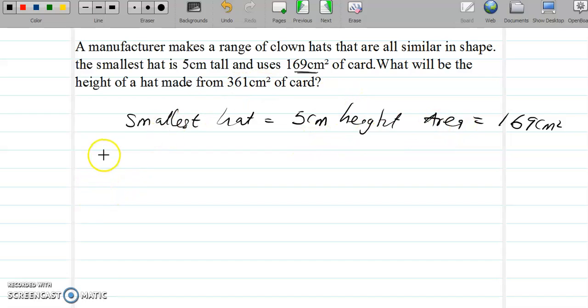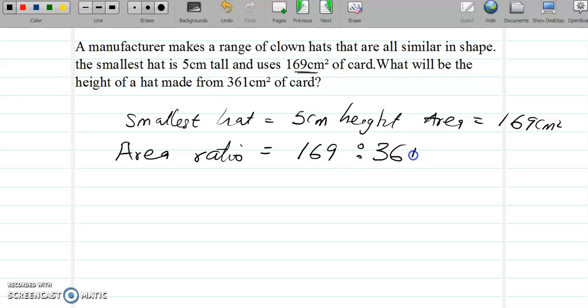Okay, now in this case, we have to first of all find the area ratio, because the two areas are given. We find the area ratio, which gives us the smallest card, which is 169, is to the biggest card, 361. Okay, now for us to find the length, we need to find the square root.